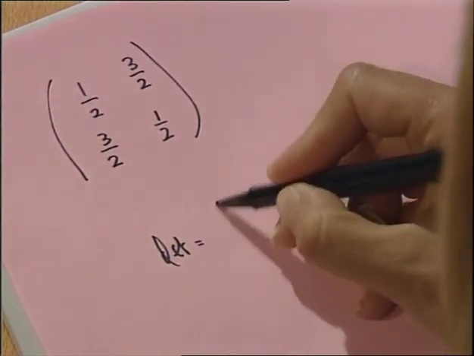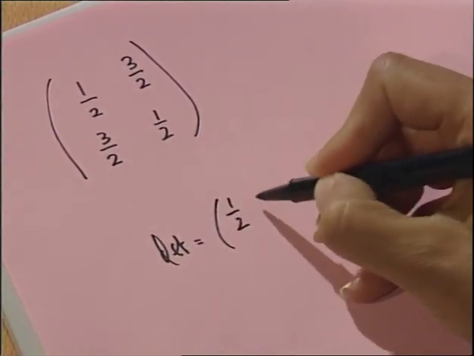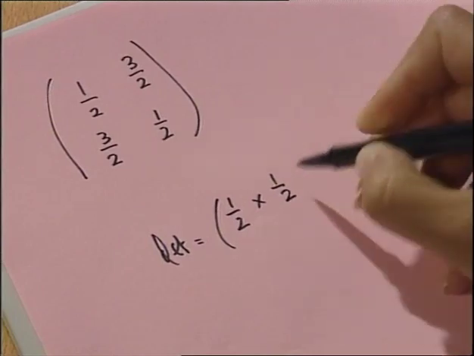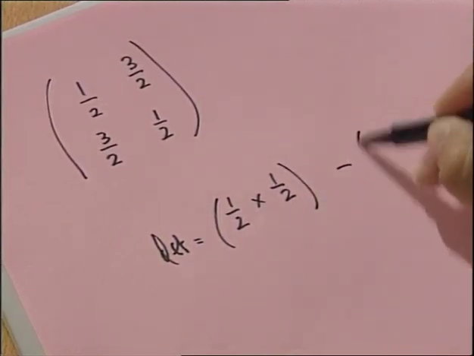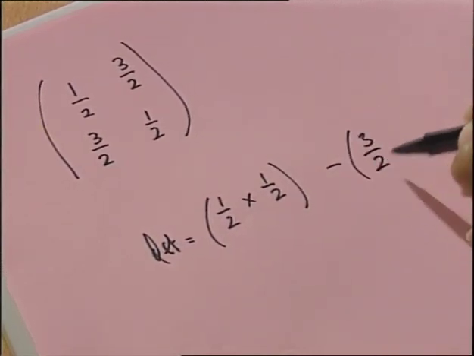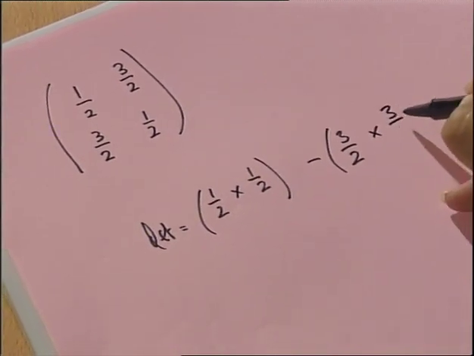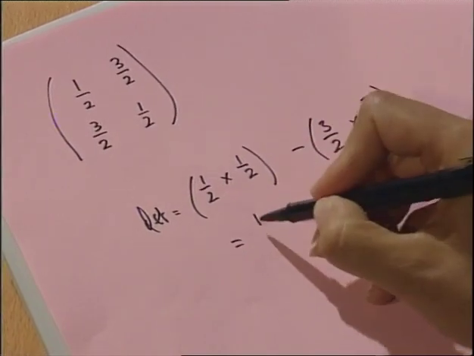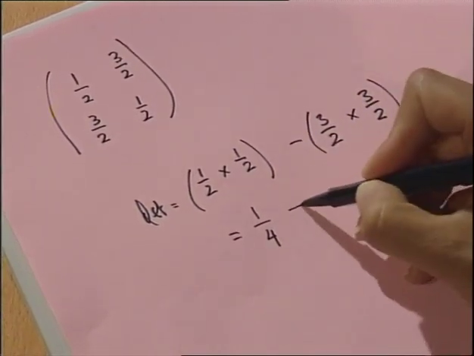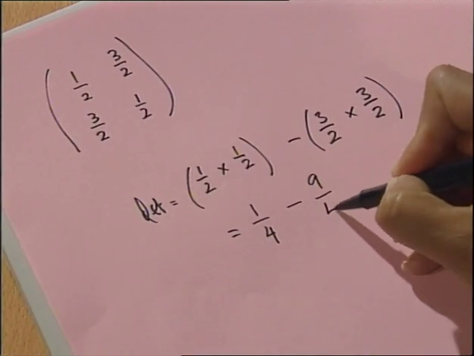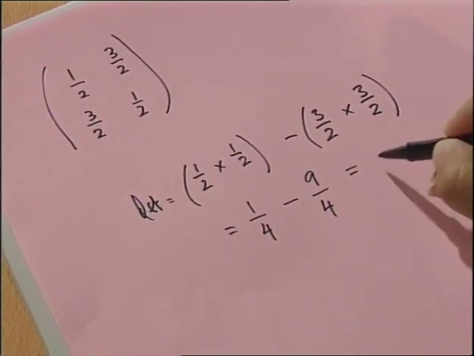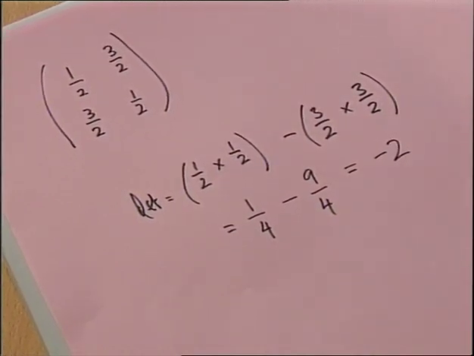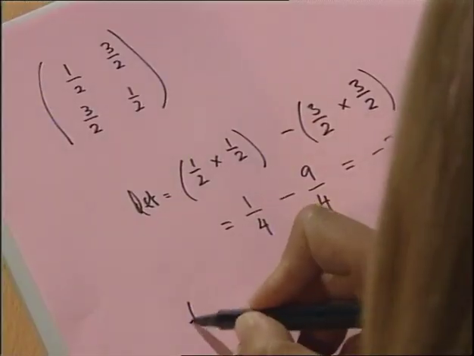Now that is a half times a half minus 3 halves times 3 halves, which is a quarter minus 9 quarters, which equals minus 2. And I need the trace.